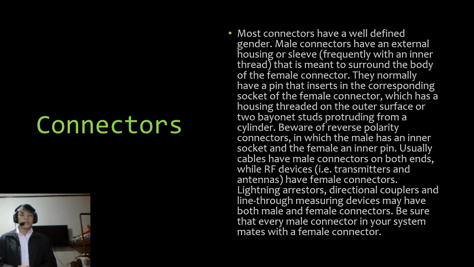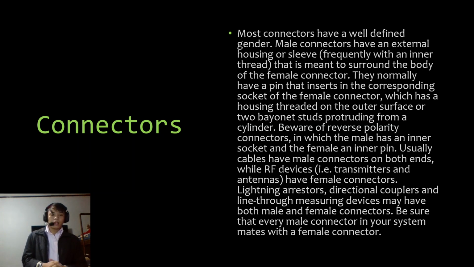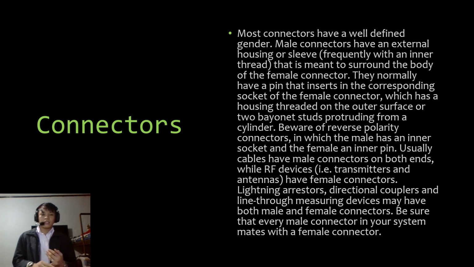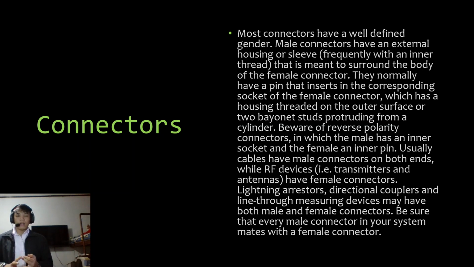So beware of reverse polarity connectors in which the male has an inner socket and the female an inner pin. Usually the cables have male connectors on both ends, while radio frequency devices, for example, transmitters and antennas, have female connectors.